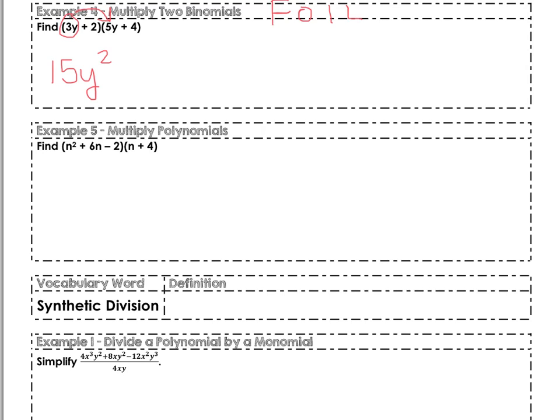I'm now going to take the first term here and the outside term on the last guy, that's the O, and multiply them. 3y times 4 gets me 12y. Now I'm doing the I, which is the inside numbers, the 2 times the 5y, getting me 10y. And then lastly, I'm going to do the last terms, 2 times 4, getting me 8.